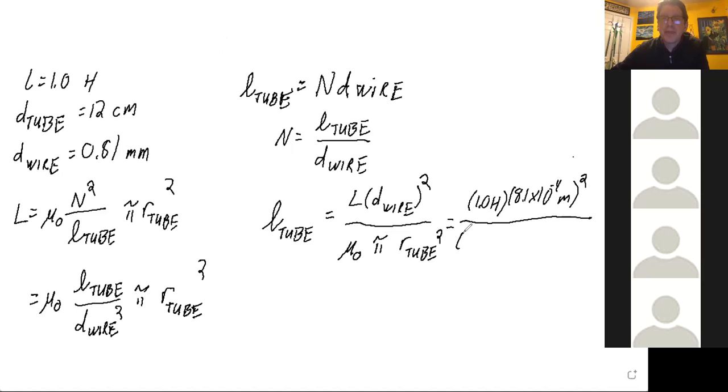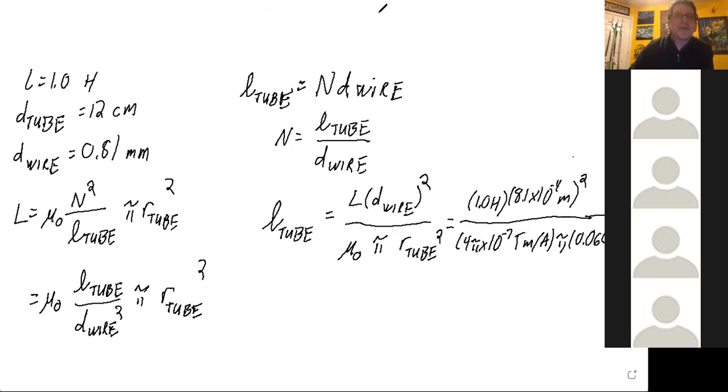And then mu naught is what it always is, 4 pi times 10 to the negative 7 tesla meter per ampere, times pi. And then the radius of the tube is 6 centimeters, so 0.060 meters, and you're squaring that.